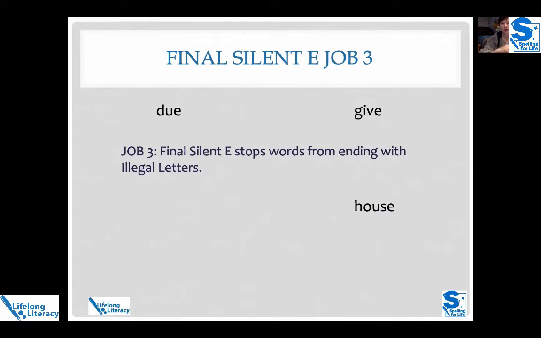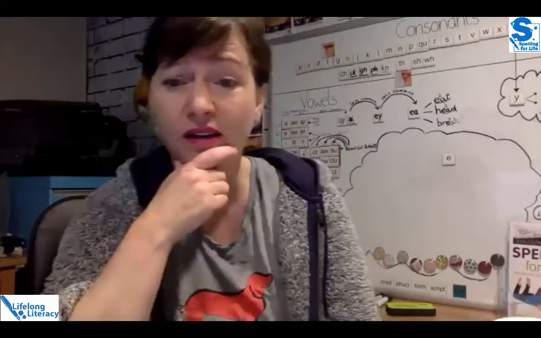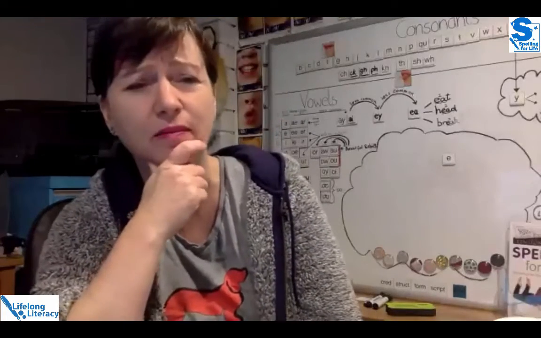Now, we've got the word house and we've got the word R. And as you can see, they've both got final silent E on them. So now I want you to think about the word house and the word R and tell me, what's the function of E here? What's it doing?